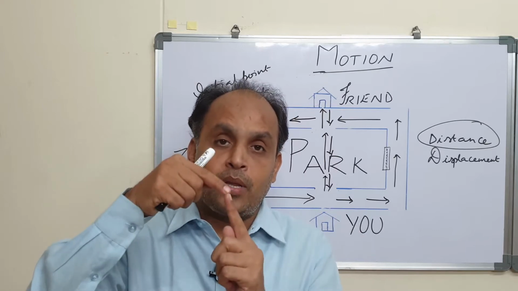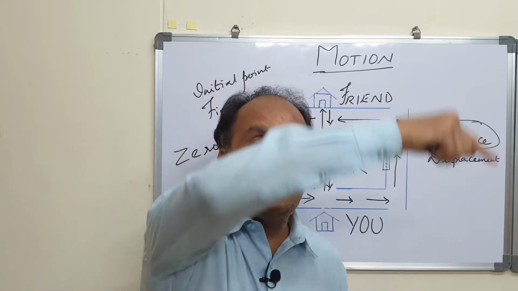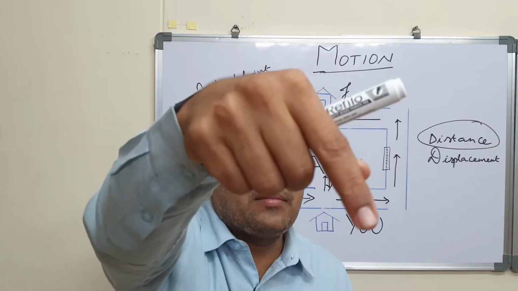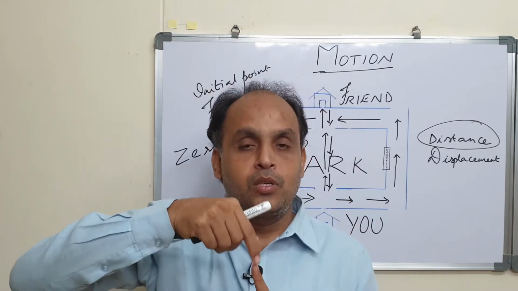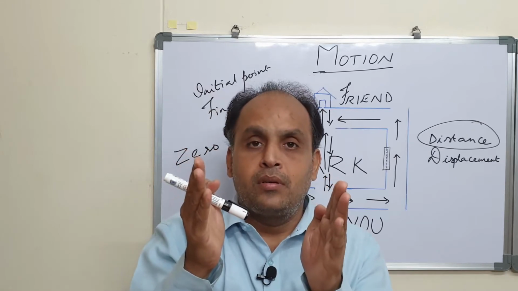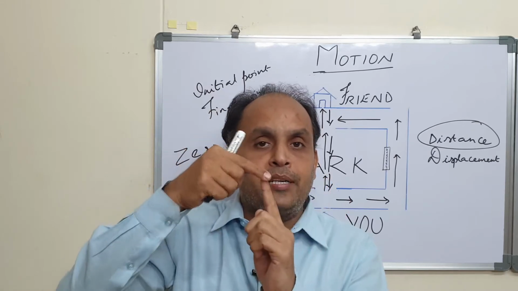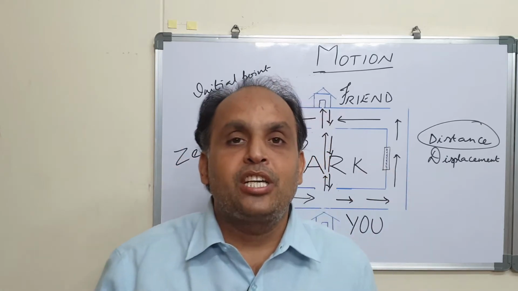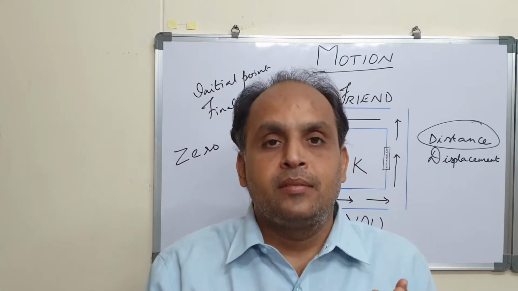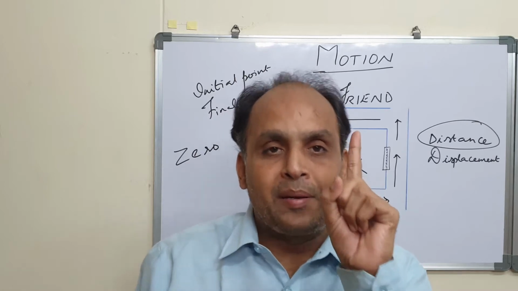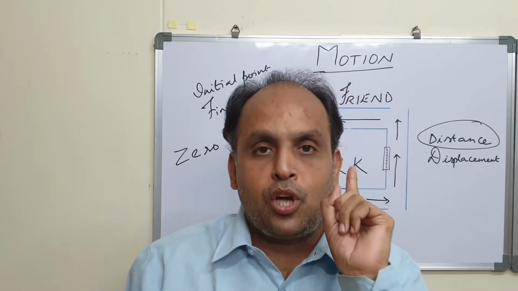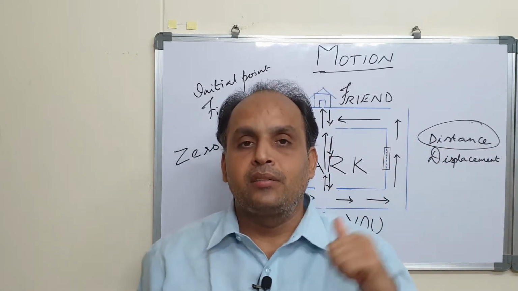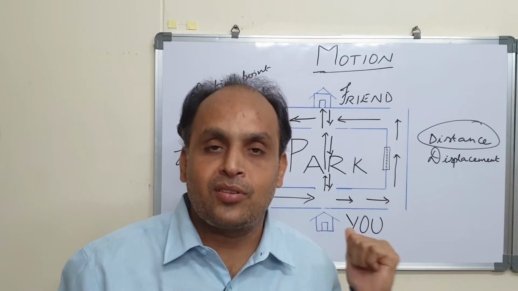So, you started from that point, you went around and came back in the morning, and in the evening you just went along that path and came back. So, in both the cases, the initial point and the final point are same. So, we cannot measure any distance because the point is only one. So, the shortest distance between the initial and final point in a particular direction doesn't apply in this case.